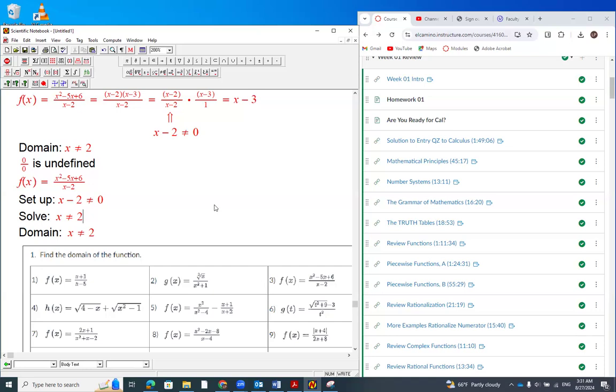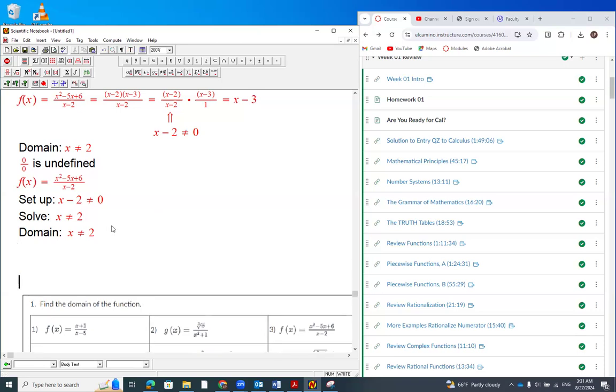Then you say, what if I reduced it? If you reduced it, it's not a crime.